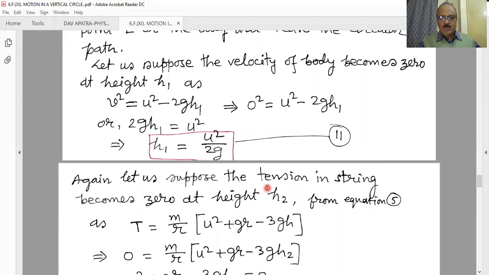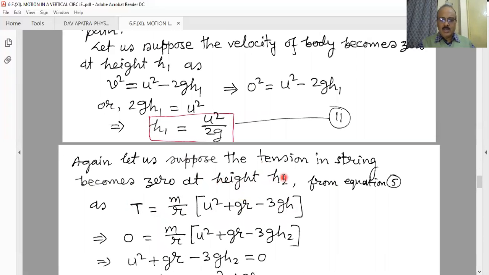Now another condition we can find out from the equation of the tension at different points. Let us suppose at the vertical height h2, the tension will be 0. These two heights will not be equal. The tension will be 0 maybe at a different height. Let us suppose h2 is the height where the tension in the string will be 0 before reaching the highest point.